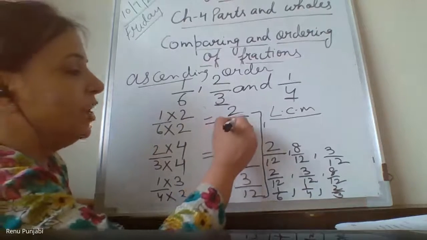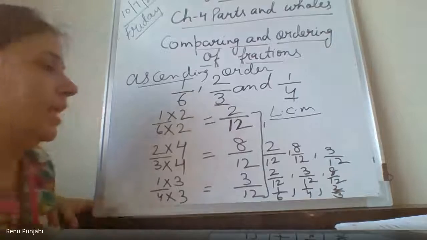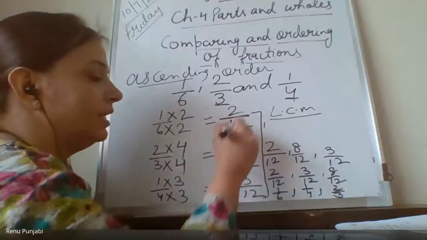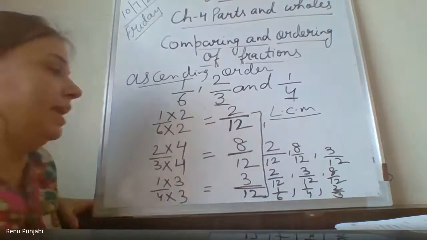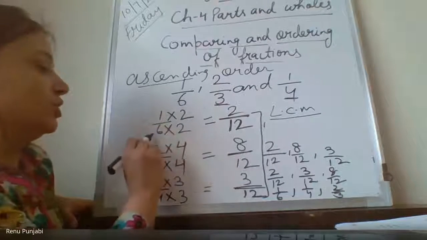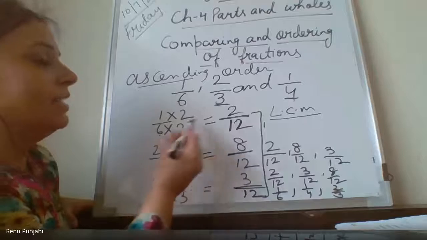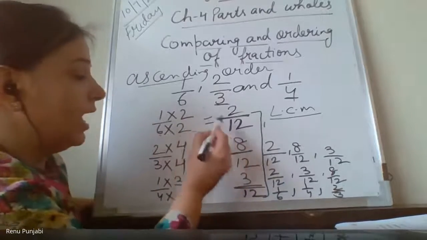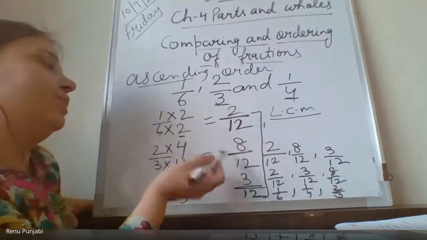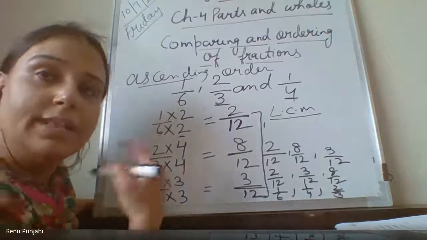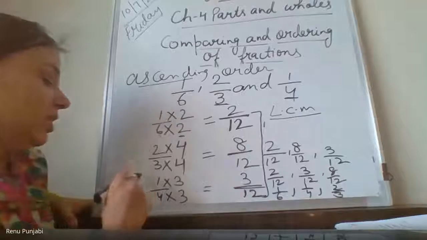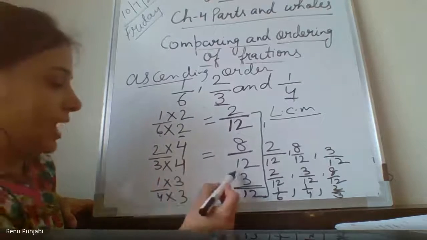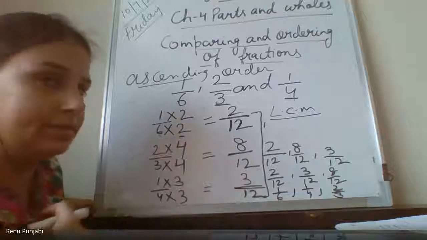We keep the denominator as 12 because our LCM was 12 in all the fractions. So 6 into 2 is 12, and we multiply this number with the numerator also to get the equivalent fraction. So 1 into 2 is 2. Here 3 into 4 is 12, so 2 into 4 is 8.